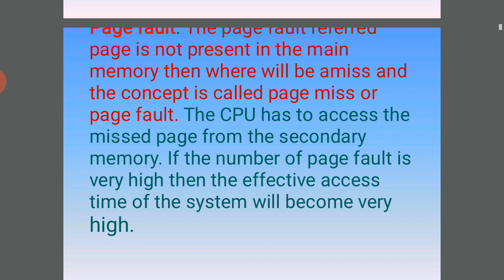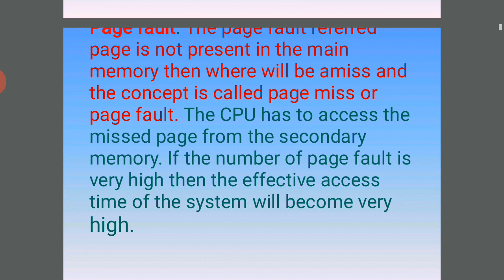If the referred page is not present in the main memory, then there will be a miss, and the concept is called page miss or page fault. So in demand paging, when the referred page is not present in the main memory, there will be a miss. When memory pages are missed in the main memory, that is called a page fault or page miss.